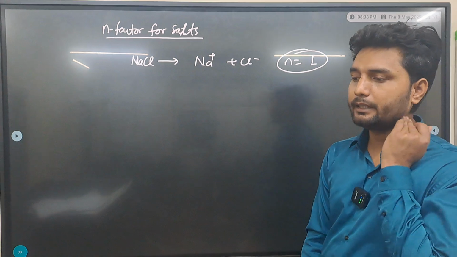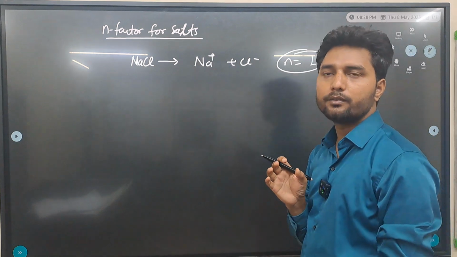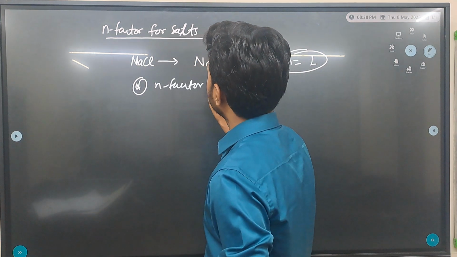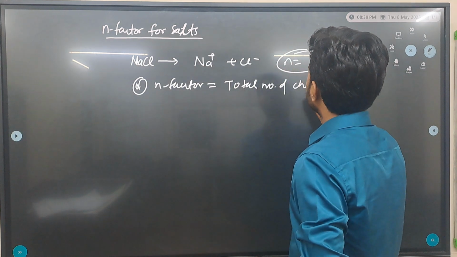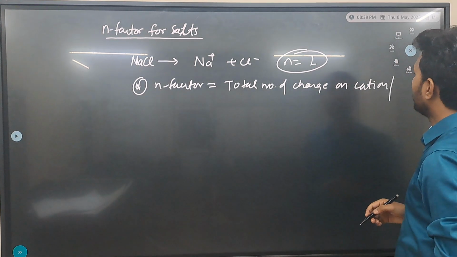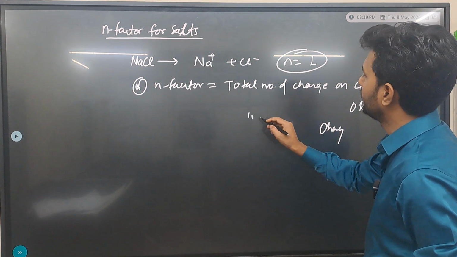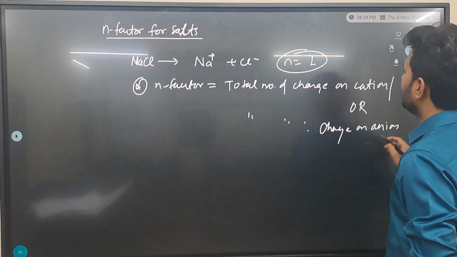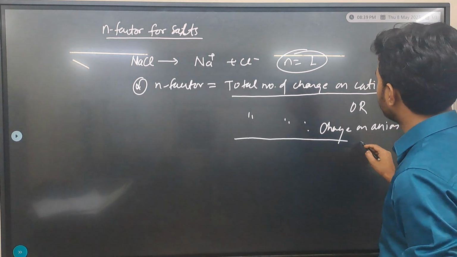So in case of a salt, the n factor will be equal to the total number of charges on the cation, or you can say the total number of charges on the anion. Either one: it will be equal to the total charge on the cation or on the anion.